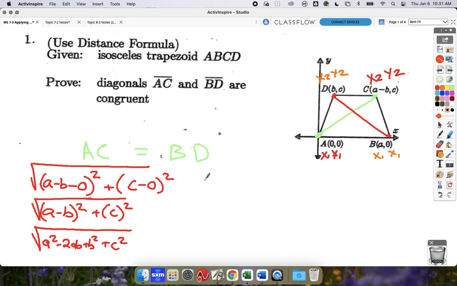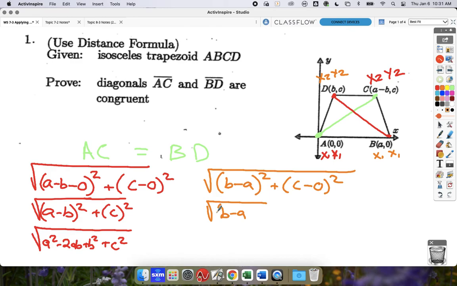And I'm going to find the distance. x2 minus x1 squared plus y2 minus y1 squared. What's B minus A? What's C minus 0?